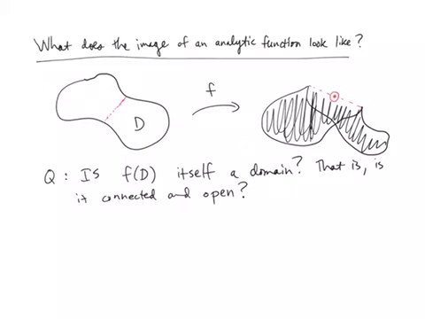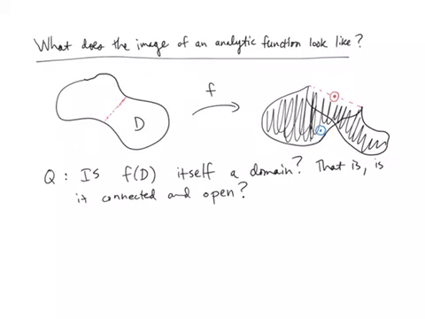For every other point here, if you take a point in this picture that I've drawn, you can always draw a little circle around it such that all of those points are in the image. You have to remember that the thick black lines, because D is a domain, actually are not included in the set D. And so these thick black lines on the right are not either. So those points don't count.